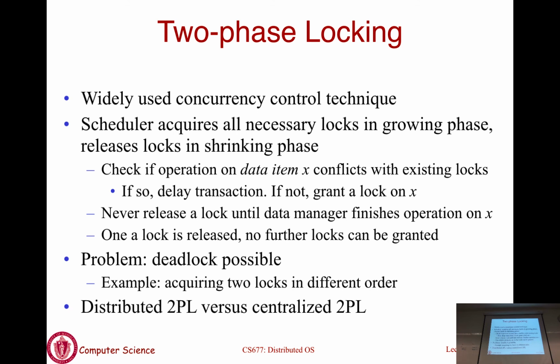So in this case, if this transaction starts executing, it gets a lock on X, and then maybe that transaction executes and gets a lock on Y. Then when you execute Y here, you will block because you want a lock on Y which T2 holds. And then here you'll wait for a lock on X which T1 holds. So you're waiting on one another, you have a deadlock. That's a very classical example of how deadlock occurs.